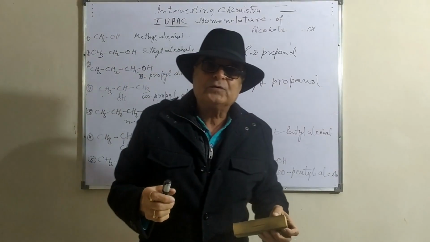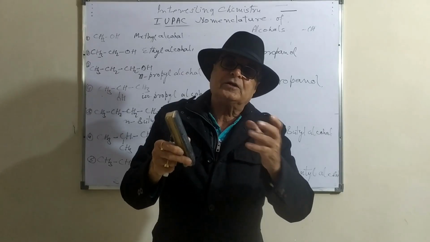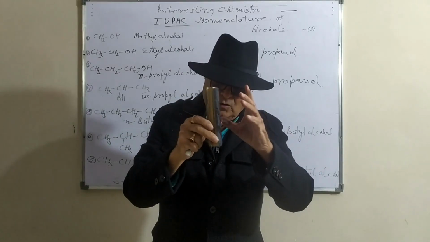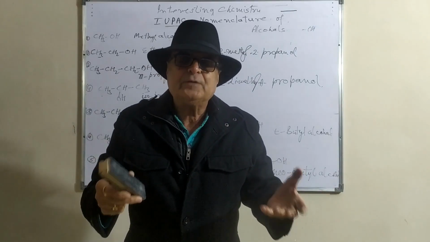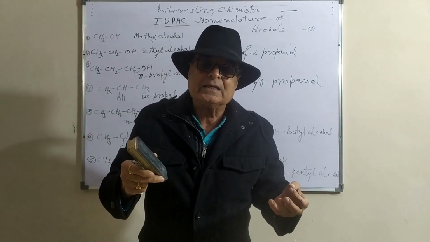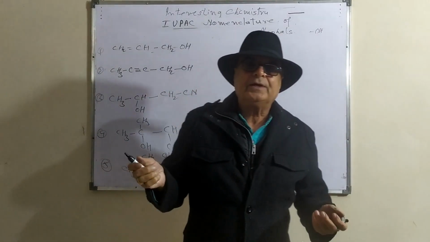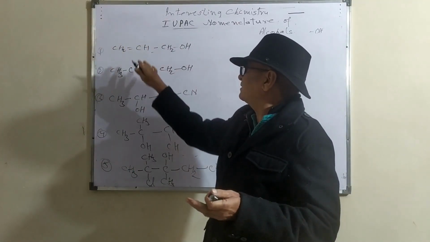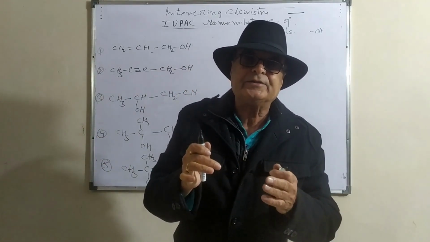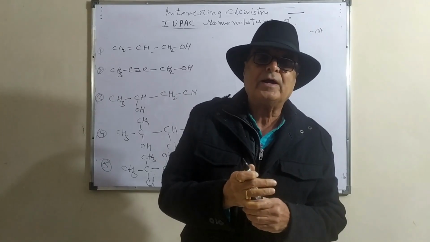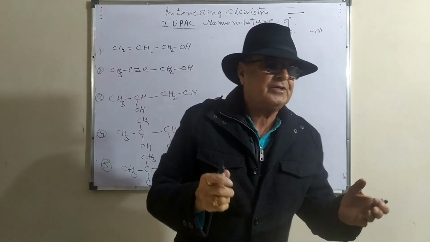So how will you write the name when you find a double bond or a triple bond in the longest chain? I will tell you about the names of these alkenols and alkynols. So here is the set of different types of alcohols again. As I told you, I will tell you how to write the name when you find a double bond or triple bond in the longest chain.